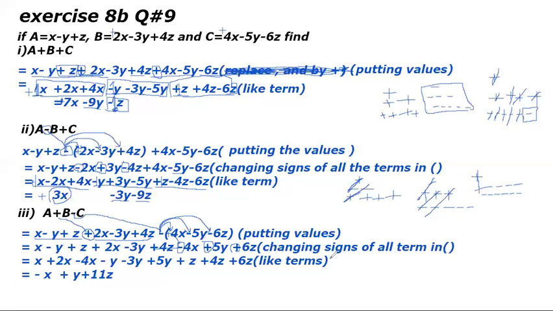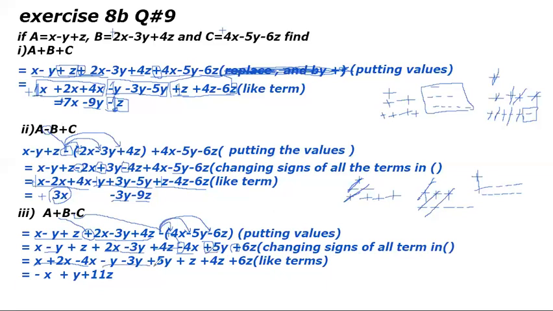Okay, now the next step is my favorite step, that is like terms. I will collect the like terms. x plus this 2x plus negative 4x. These three are the like terms. Now negative y, negative 3y, positive 5y.